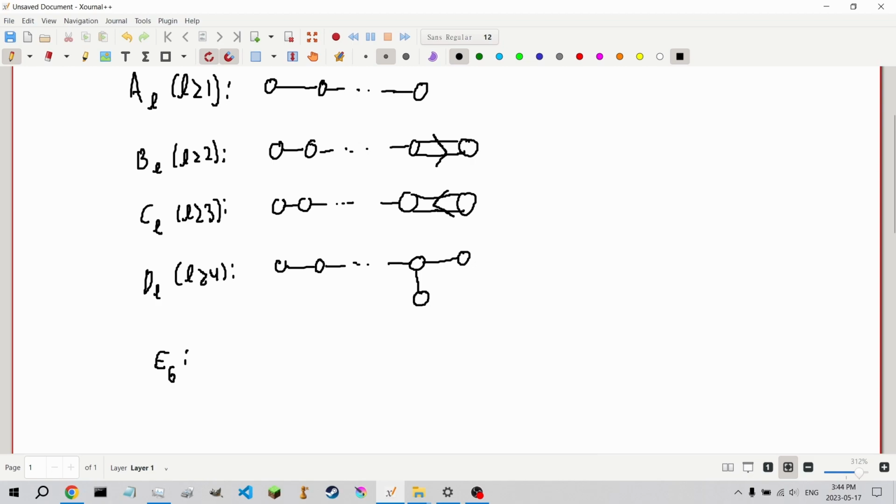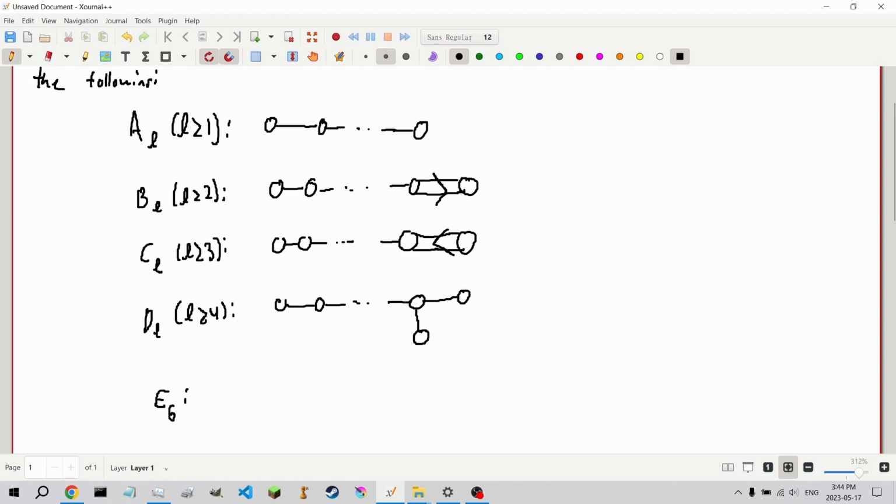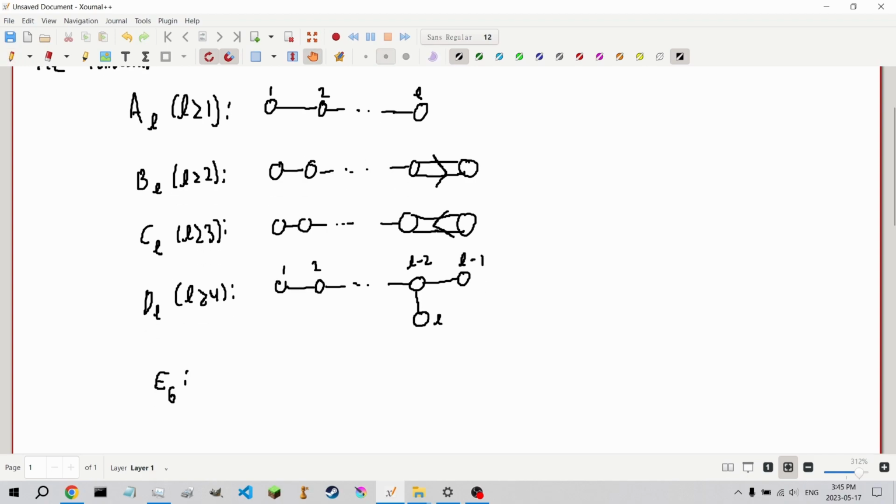These are all numbered in a way that matters: they're all 1, 2, 3 through L. And in the case of D, we have L minus 2, and then L minus 1 being one of these, and L being the other. I guess it'd be more symmetric to have it like this.